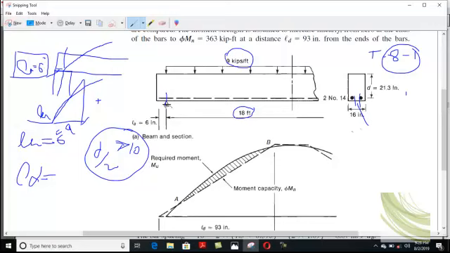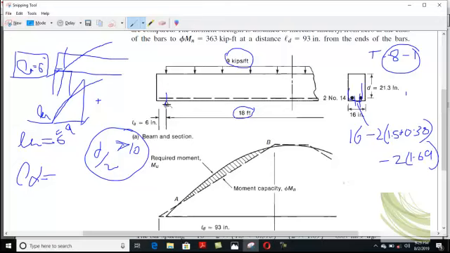This distance is obviously 16 minus side cover 1.5, so 2 into 1.5 because of side cover on both sides, and as the stirrups are number 3, you add 0.38 for the stirrup diameter, plus you also subtract 2 bars of number 14, that is 1.69.